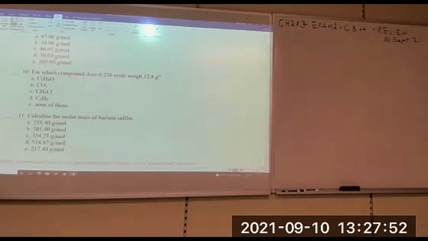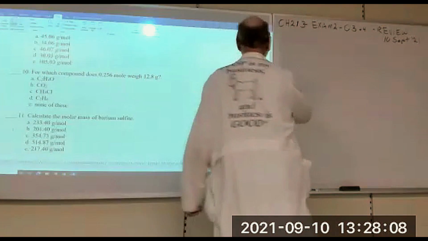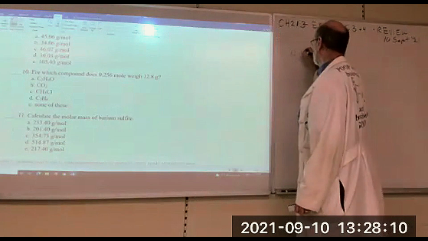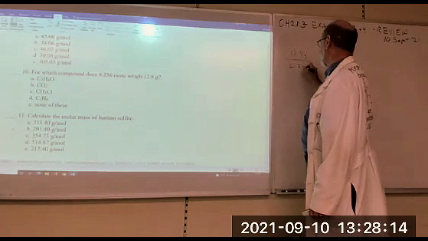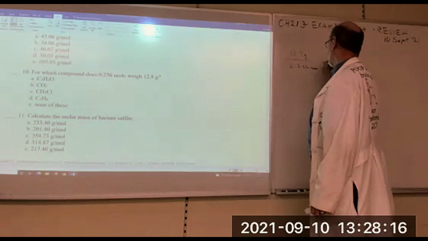For which compound does 0.256 mole weigh 12.8 grams? This is sort of a molar mass in reverse, right? Grams per mole. 12.8 grams per how many moles? 0.256 moles.